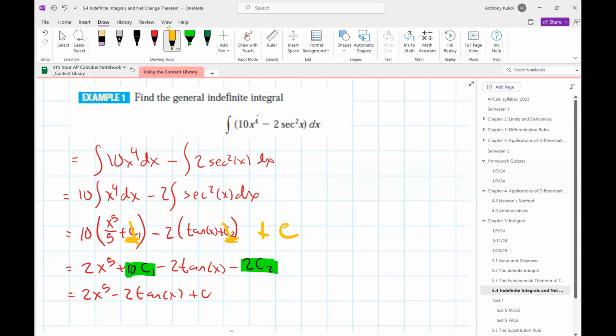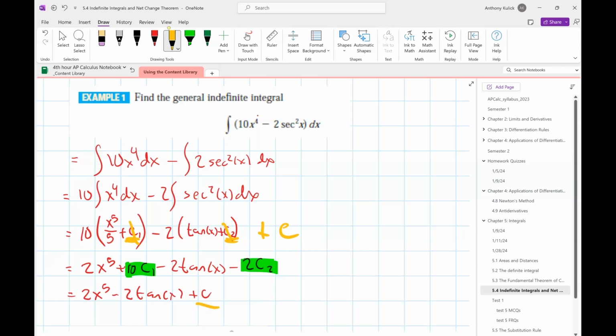But why is it just C? Why isn't it 8 with 10 minus 2? Right. So let's say C1 is 1 and C2 is negative 1. If I add those together, I'm just going to get another number, right? That's all we're saying.